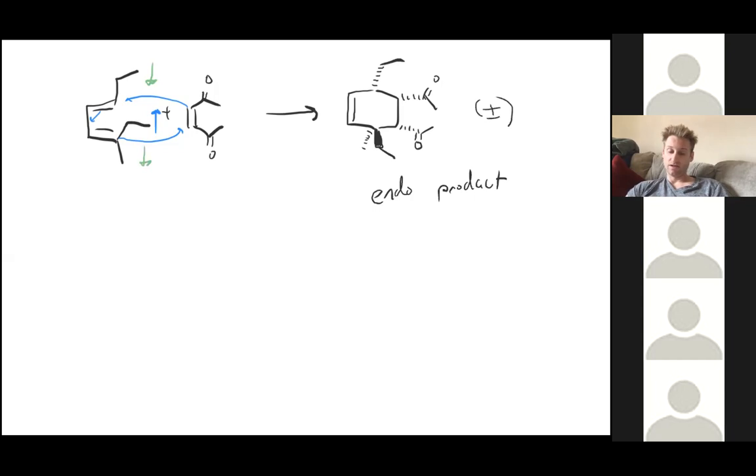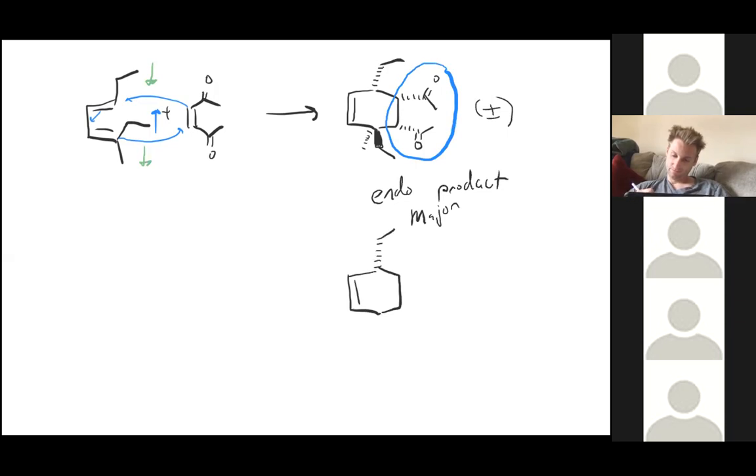There's something called an exo product, and that is going to be where we switch the stereochemistry of our dienophile portion. So just this here, if this decides to come in from the other angle, where those are pointing upward, we can get what's called an exo product. We're not going to spend too much time talking about these. So this portion of our molecule is untouched.